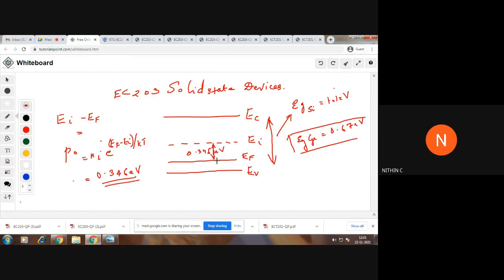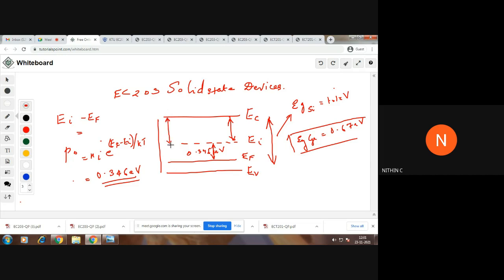In this case, if you are asked to find the difference EC minus EI, what will you do? First of all, EC minus EV, this difference, is 1.1 electron volt.